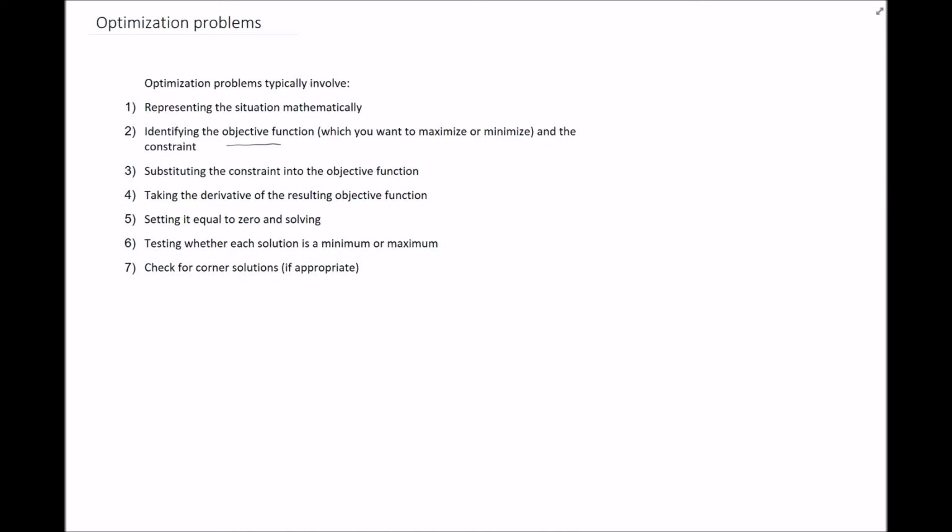And then check for a corner solution where appropriate. In other words, if you have a limited domain, you're not going to be interested in solutions to the problems that are outside of that domain. So, for example, if you're solving for how many widgets a company should produce, the company can't produce negative widgets, so you're going to eliminate any solution with a number less than 0.